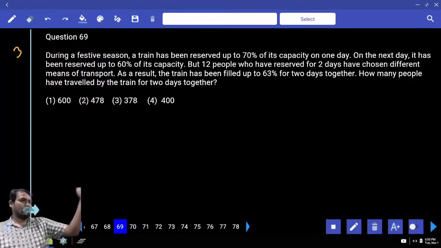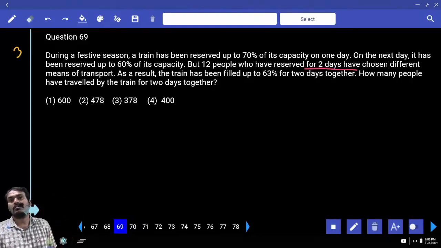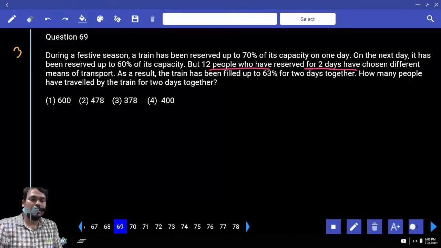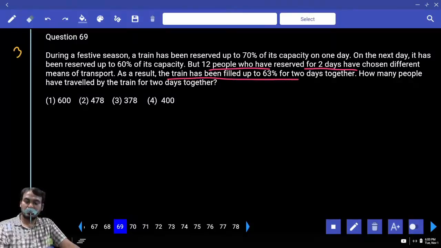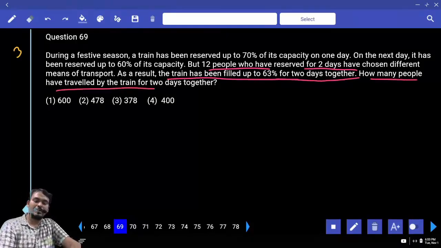Means first day and second day, total how many are chosen? 12 members are extra chosen or not? Yes or no? The 12 members are both the days or only one day? Both the days. As a result, the train has been filled up to 63% for 2 days together. What is the question here? How many people have traveled by the train for the 2 days together?